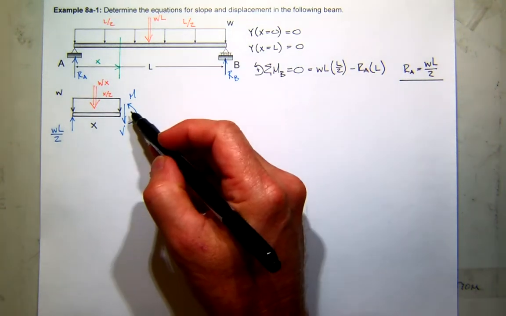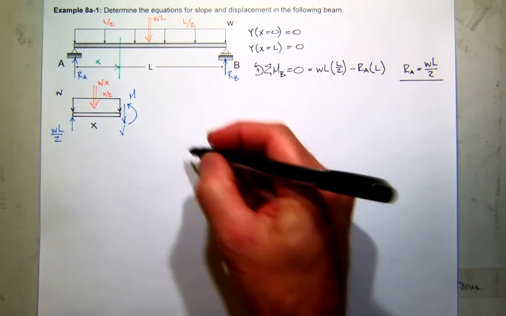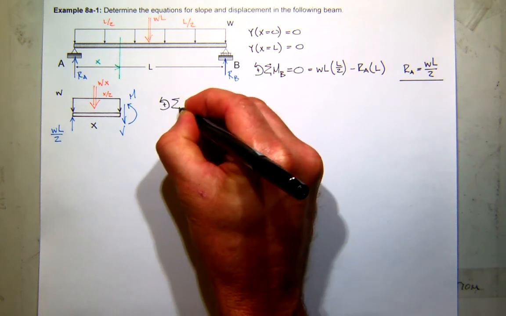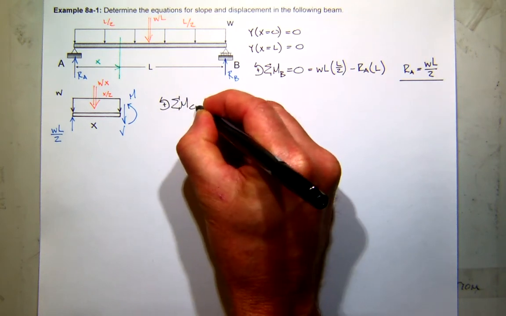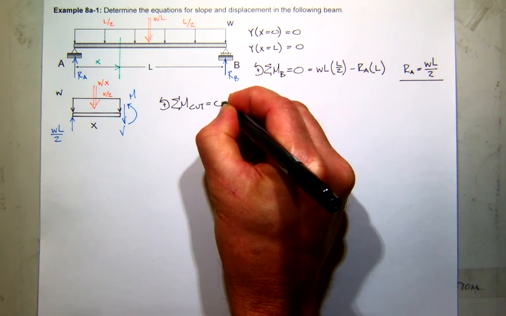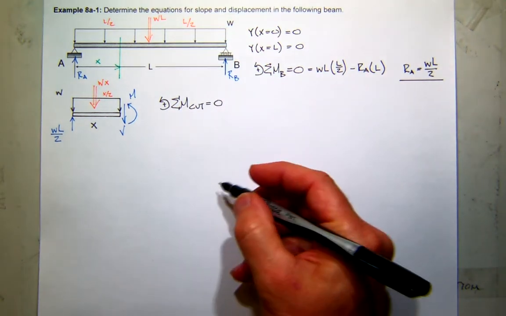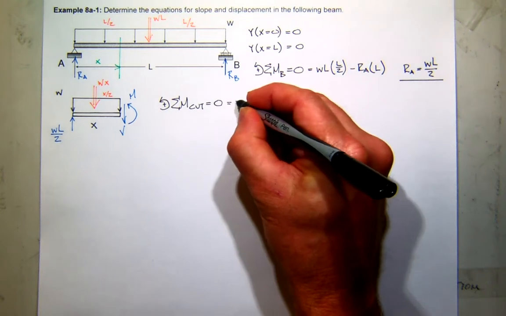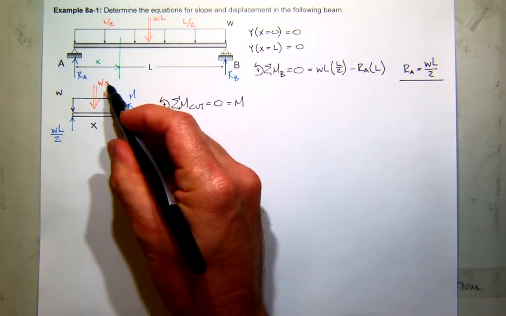To find the moment, I'll just sum moments at the cut. So again, I'll use the right-hand rule for my sign convention, and I'll sum moments at our cut to make sure it's in equilibrium. Starting here on the left, this moment would be positive. How about the force Wx?